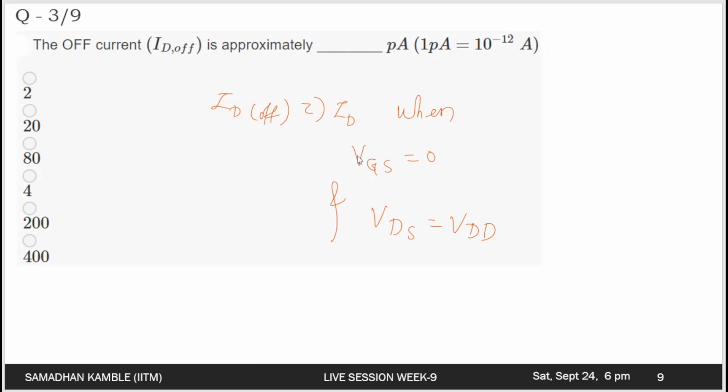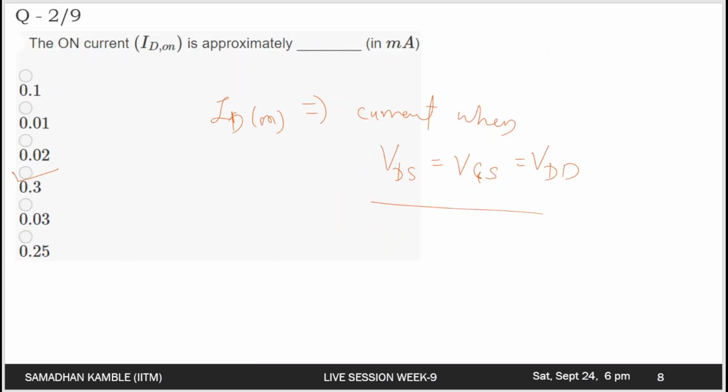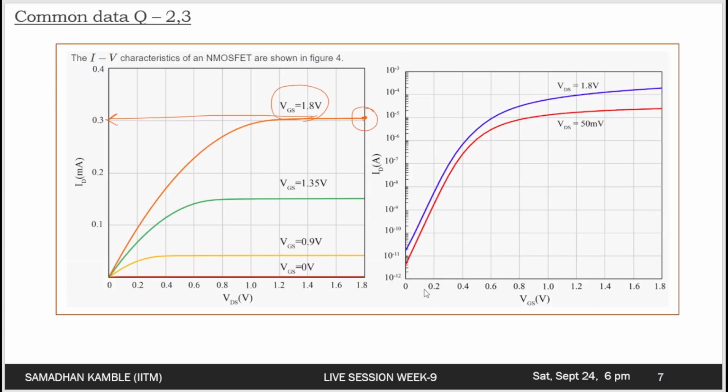So let us check the graph. We want VGS to be 0, and also we want VDS to be equal to VDD. VDS equal to VDD in our case is 1.8 volt.